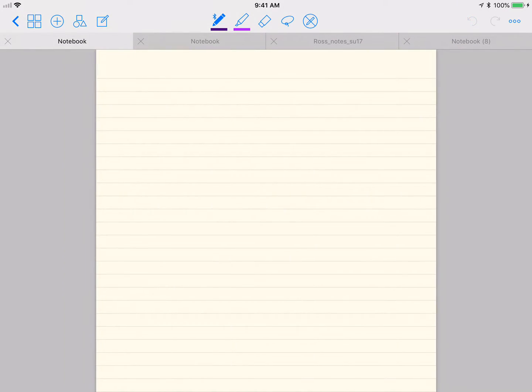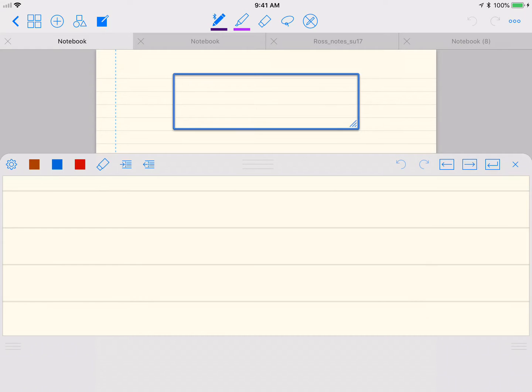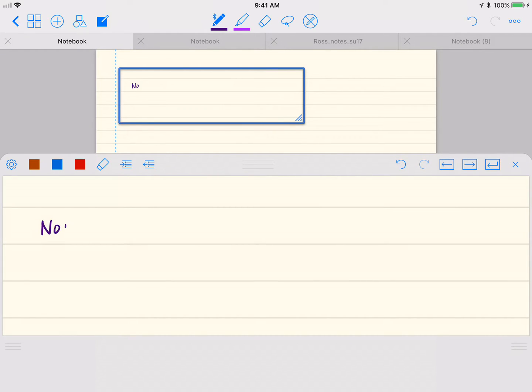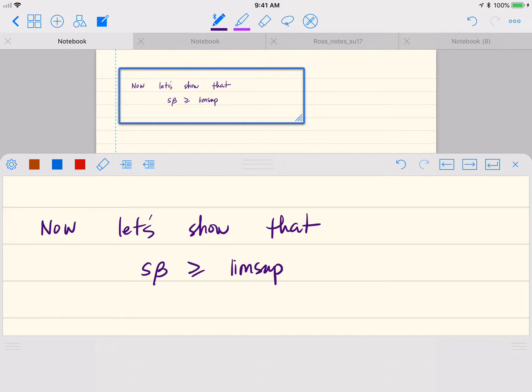Now let's show the other direction. We want to show that S times beta is greater than or equal to limsup Sn Tn.